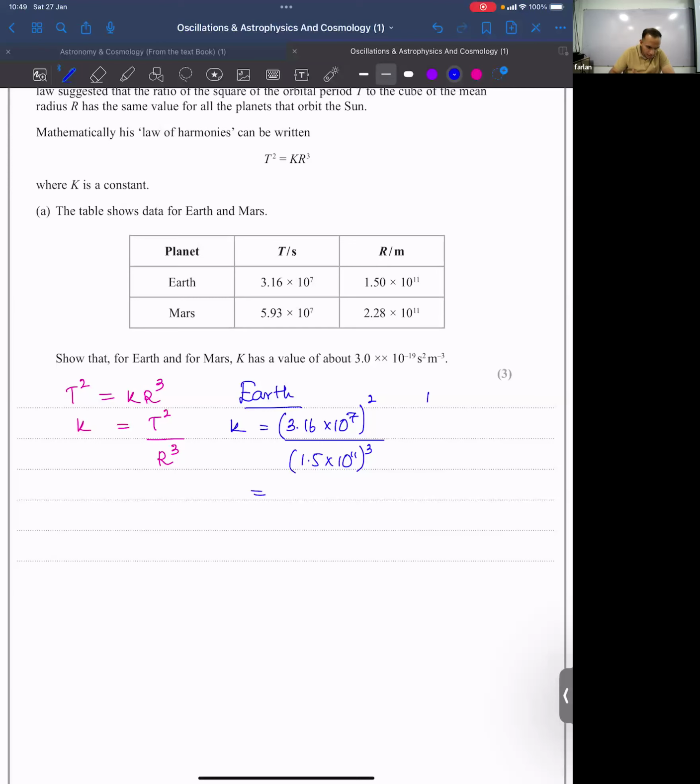Similarly for Mars, k is 5.93 into 10 to the power 7, squared, over 2.28 into 10 to the power 11, cubed.